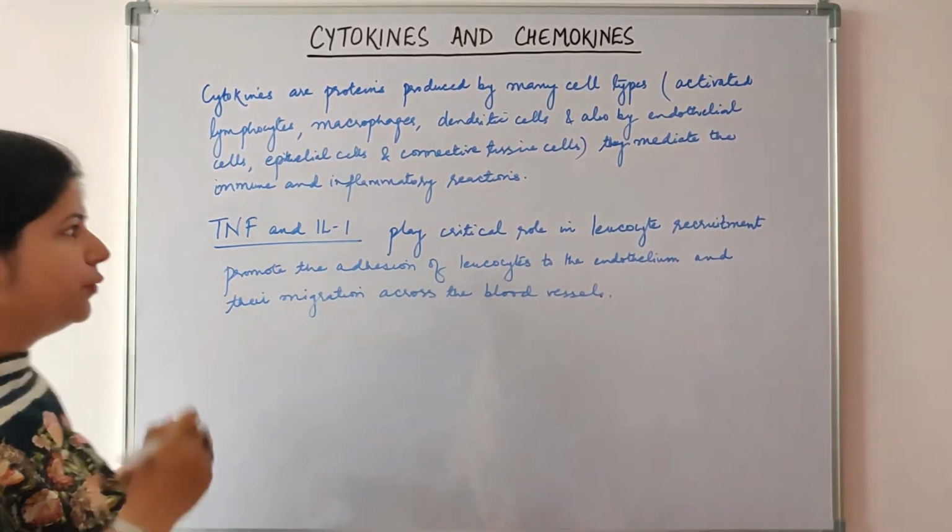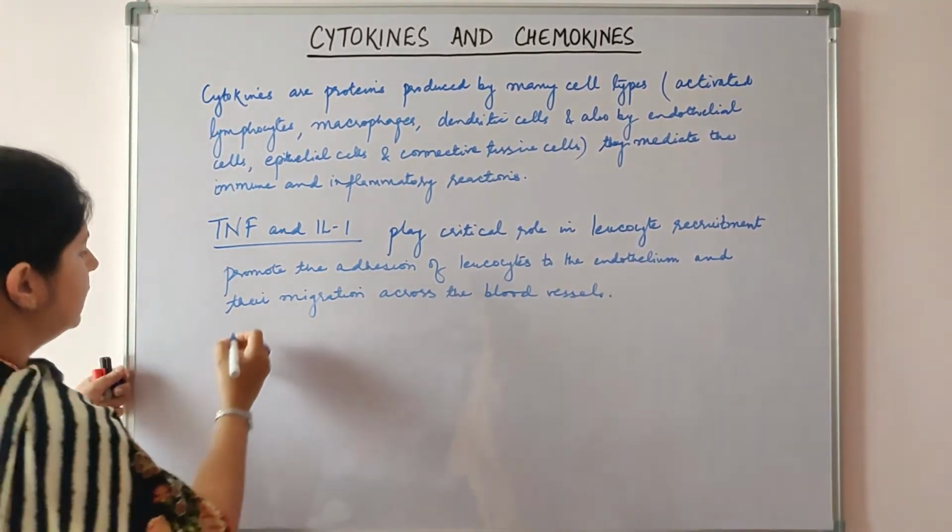So what are the cells that produce tumor necrosis factor and interleukin 1?